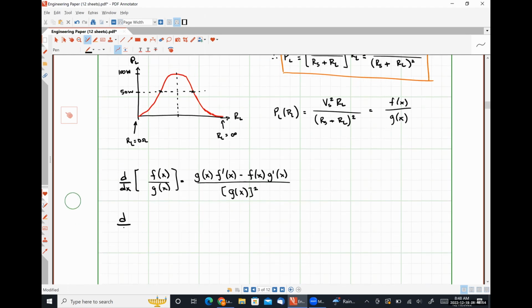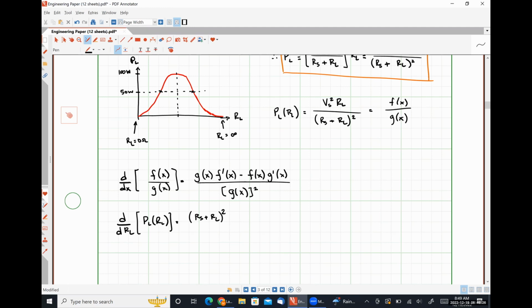So the derivative with respect to RL of PL of RL is going to be our g of x term, RS plus RL squared, times the derivative of our f of x term.